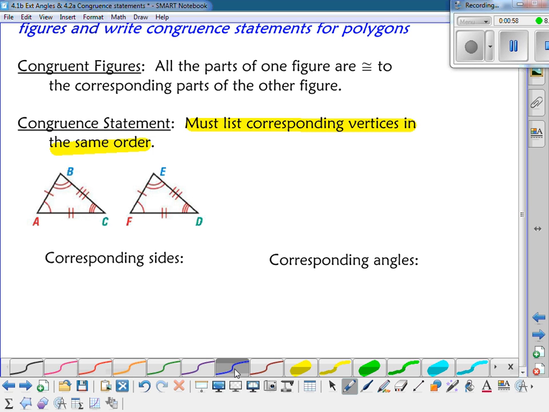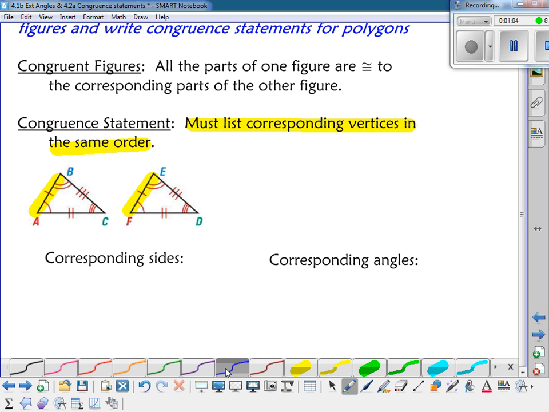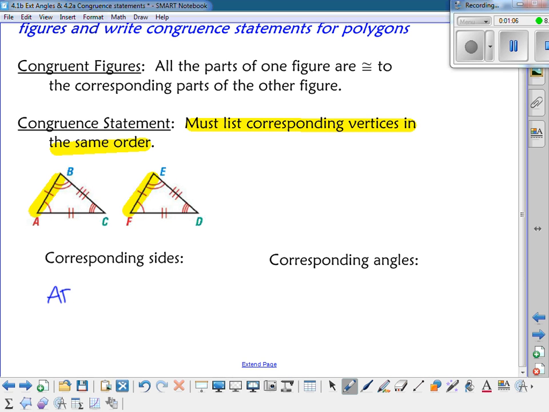I can see that AB is congruent to FE, so those are corresponding to each other. Segment AB is congruent to segment FE. Likewise, I can see that AC is congruent to FD, so those correspond. And finally, BC is congruent to ED.